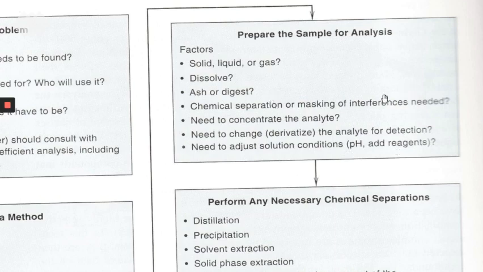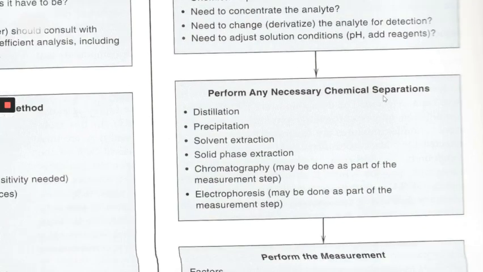And then perform any necessary chemical separation. So let's say your sample is extracted from the plant, the crude extract. Let's say you want to determine or extract only the tannin. When you extract the sample from the plant, you will extract all the compounds from the plant. If you want to do analysis only on tannin, then you have to remove other compounds.